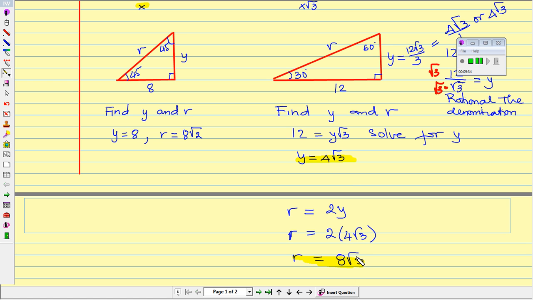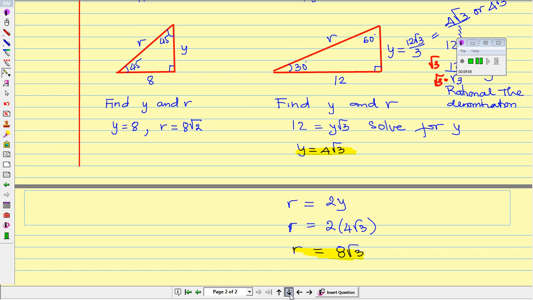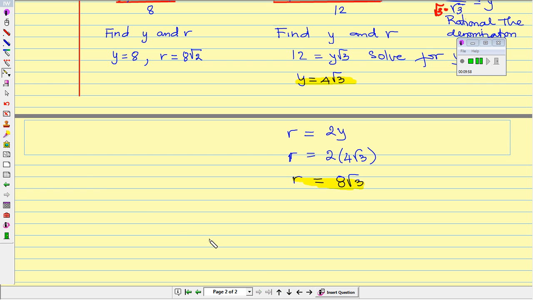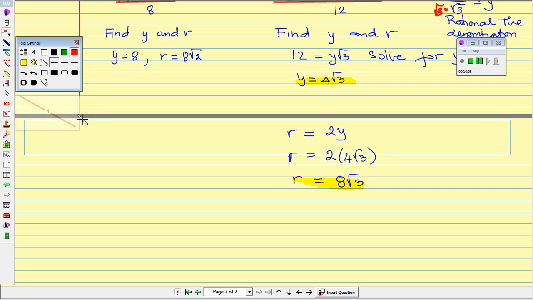It's clear that r is double y. Y is the side opposite the smallest angle, 30 degrees, and r is the hypotenuse, the side opposite the 90 degrees. This will be the conclusion for this video.